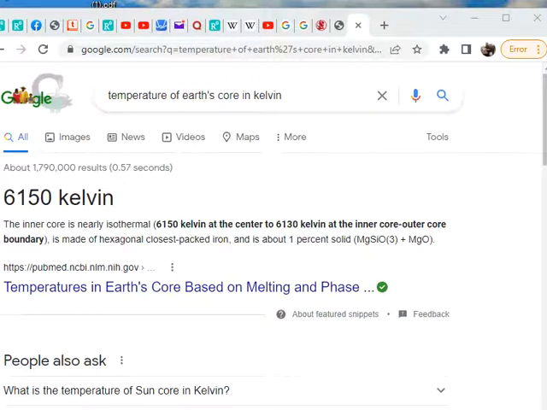But the temperature actually ends up being fairly close to the temperature of the sun. But this temperature is not probably predominantly the result of the greenhouse effect, although it probably doesn't hurt that the greenhouse effect is there.